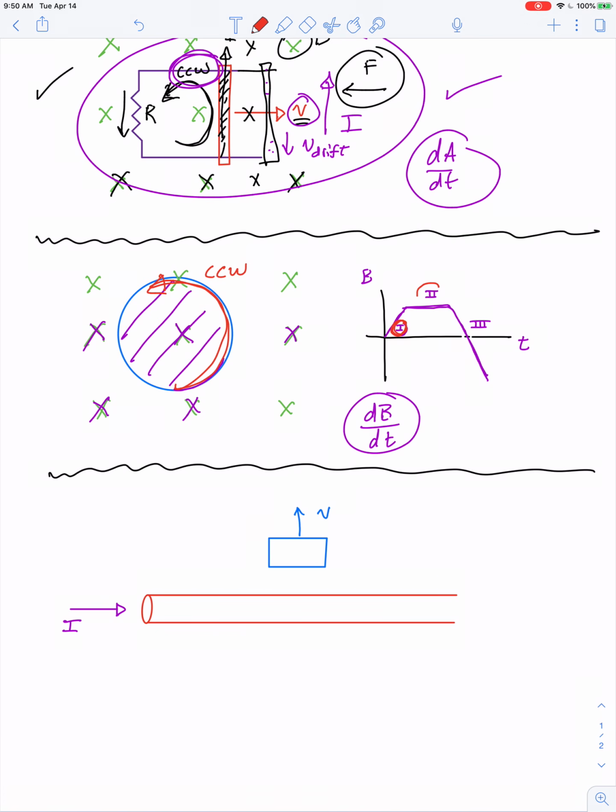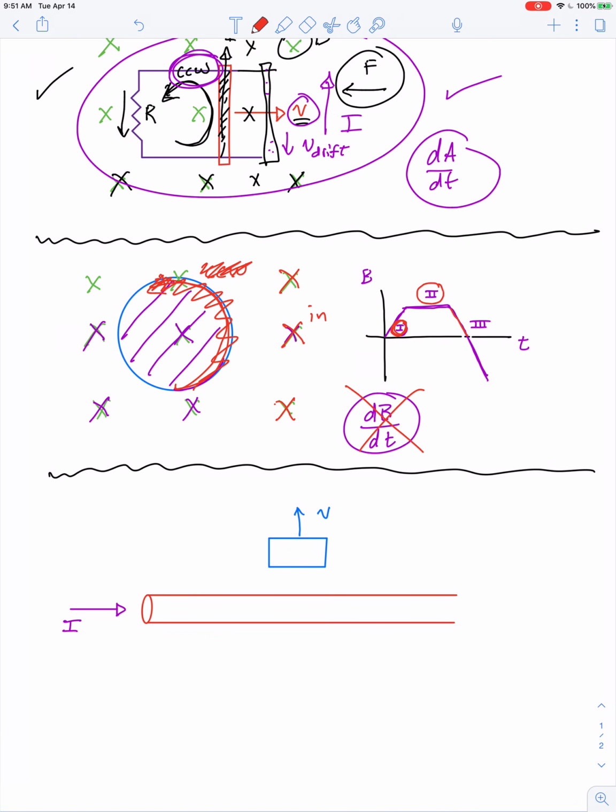Then, once that amount of magnetism reaches its peak value and stays constant, then there's no longer any change in magnetic field at all, so no change in flux, and so there's just no current at all. And then, as the magnetic field starts to decrease, so it still points into the page, but it's becoming weaker and weaker and weaker, Lenz's law says there's an opposition to that loss of magnetism going into the page.